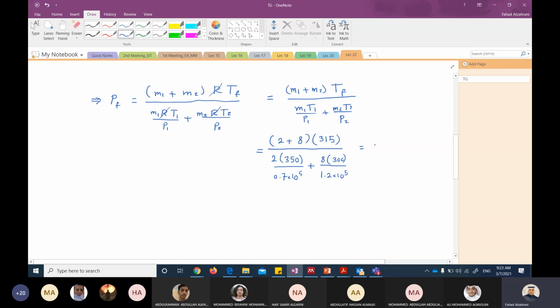So the final answer I can give you here is 1.05, I think. Let me double check. Yes, 1.05 times 10 to the 5 Pascal, which I can write as 1.05 bar.